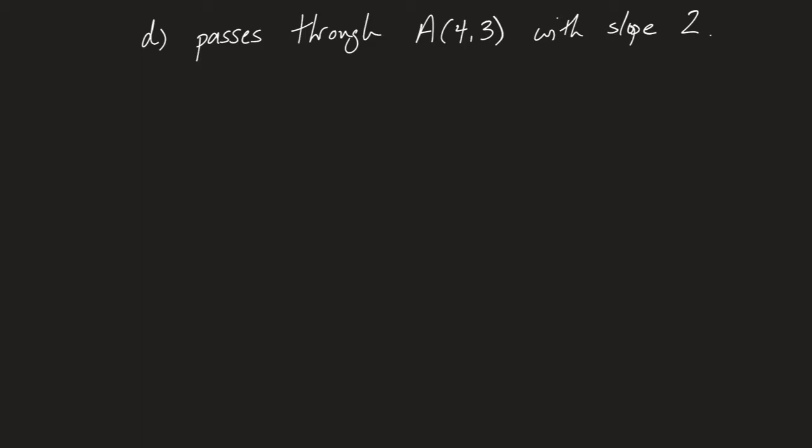Now, what I'm going to do is I'm just going to draw in a quick picture. You do not need to do this. And in fact, in most cases, I don't want you to do this. But just for us to recognize that if I was to put a point at 4, 3, so maybe I'm over here somewhere, and a slope of 2, then there is only one possible line that could ever be created that passes through point A with a slant of 2.